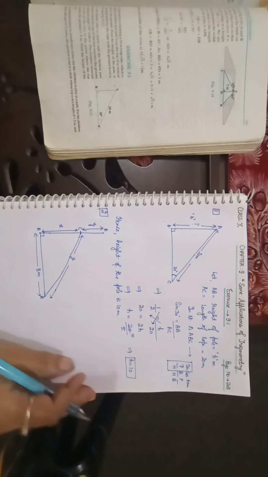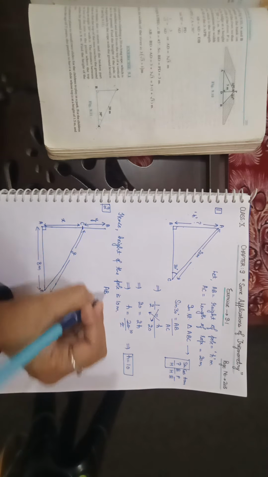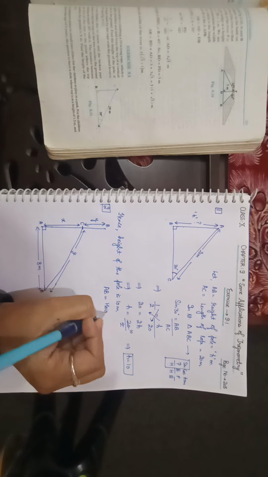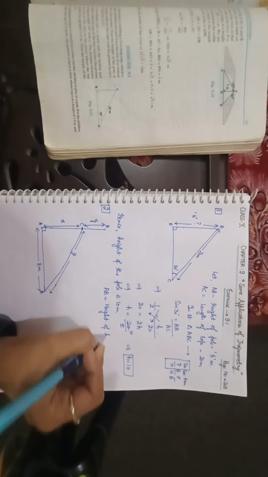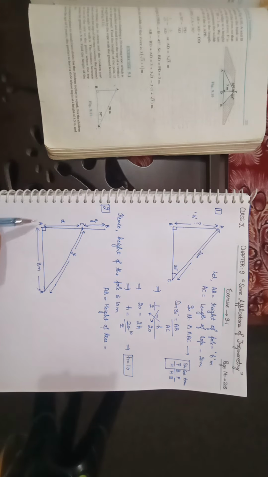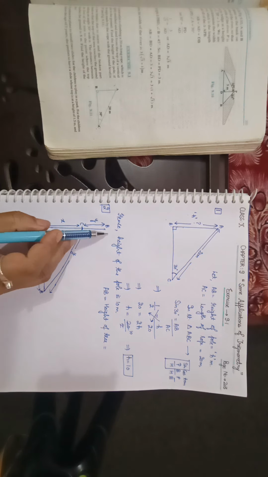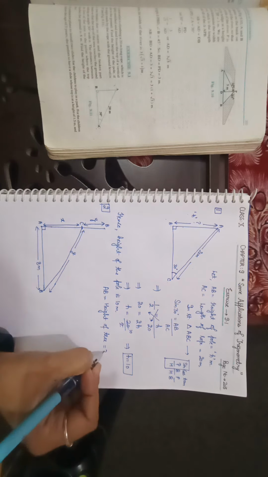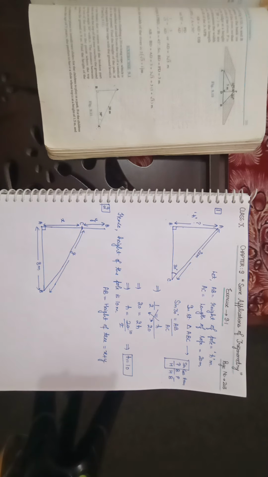This part is also Y because this is the broken part that bends, right? Now what we have to find? We have to find the AB, which was original height of tree, right? AB is equals to height of tree. So height of tree कितना हो गया? AB is what actually? AC plus BC, that means X plus Y. हमने denote किया है X और Y से.